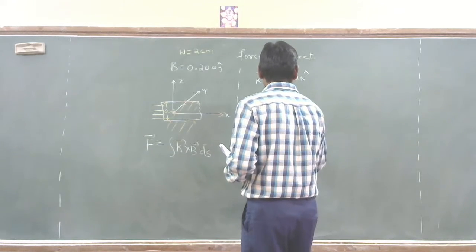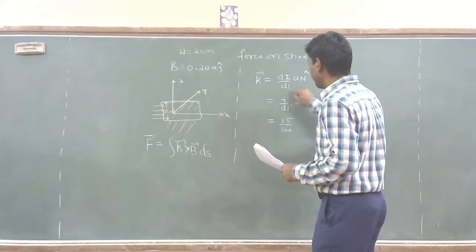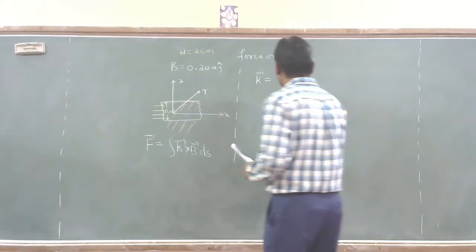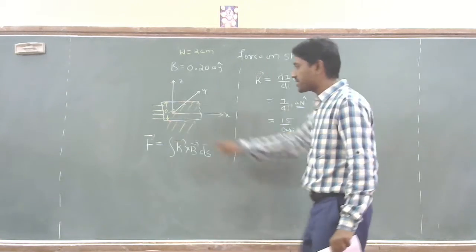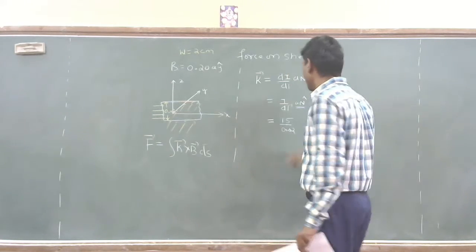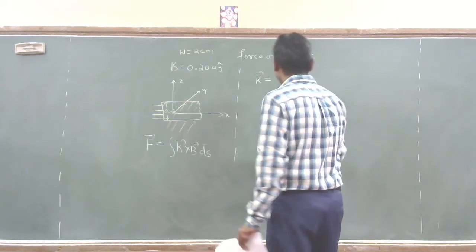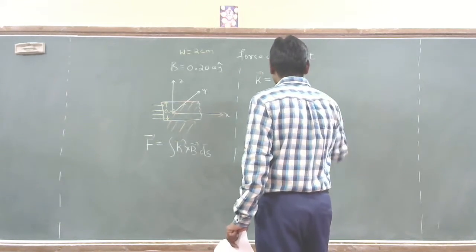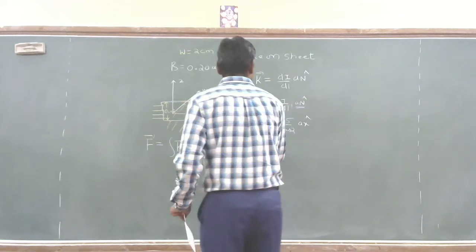It's not a vector, it is simply I by dL, and an hat is the same as the direction of the current flow, which will be ax hat because the current is flowing in the ax hat. So that is our K.